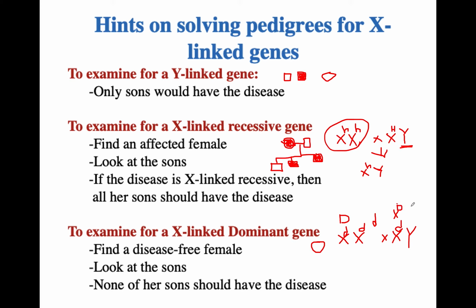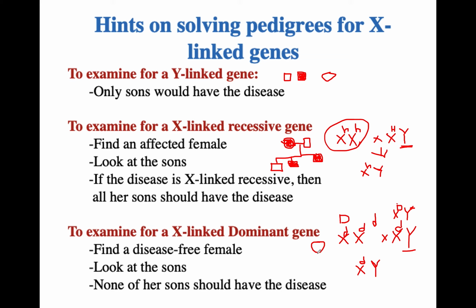That's really not a disease, it's just a syndrome, because they can live full lives and accomplish everything the rest of us do. Then again, we're going to look at males. Males only get their Y chromosome from their dad. They get their X chromosome from their mom. So what is the only choice they have? The only choice they have is to be disease-free.